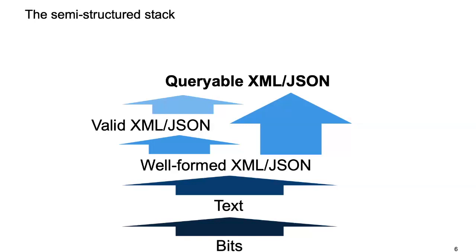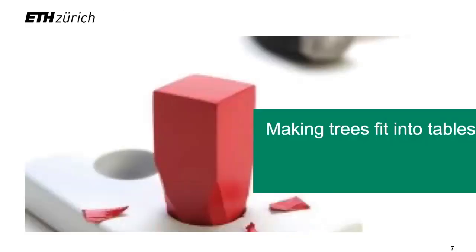So this is why we make it optional, and you can also query it if it's not valid. But of course, in that case, the goal of querying it is to clean it up and turn it into valid data.